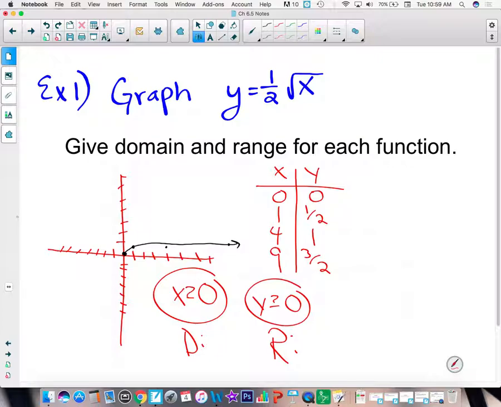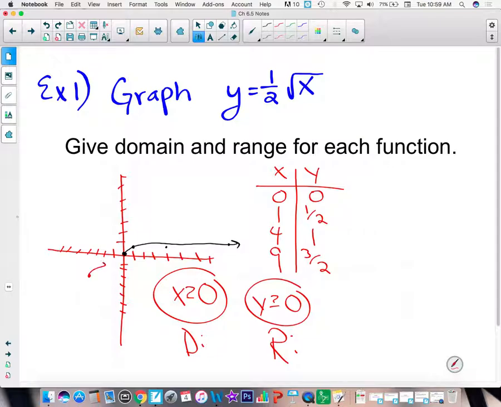If it starts at a negative number, then it's all reals? If it starts at a negative number, you say you're starting there and going from there. Say you had something that started back here, which is what we're going to be doing eventually. Say that's your first point. Where are you starting? Well, x is greater than or equal to -4, because we're going right of -4.